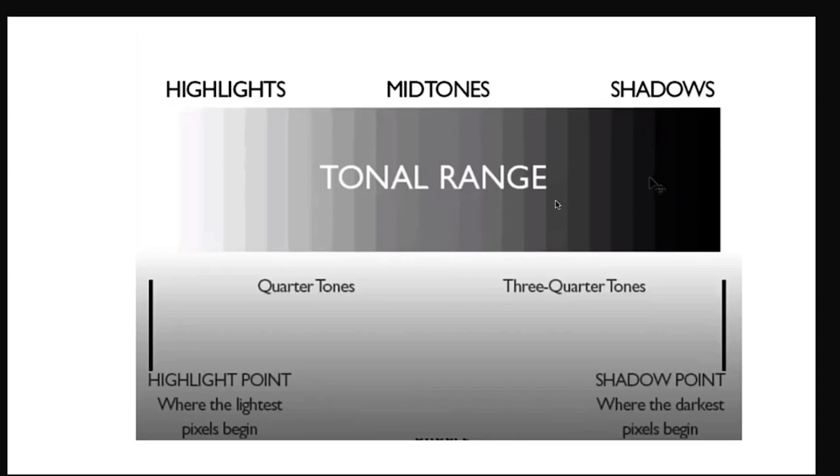So that's why you want to refer back to a histogram whenever possible to find out where your tone is exactly. It's a good way to not have to rely on just eyeballing everything. So your highlight point is where your lightest pixels begin. Your shadow point is where your darkest pixels begin. Your midtones are right in the center. And again, we'll talk about this a lot as we go through this class.